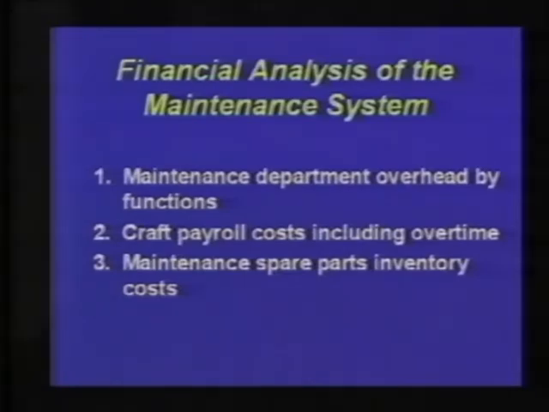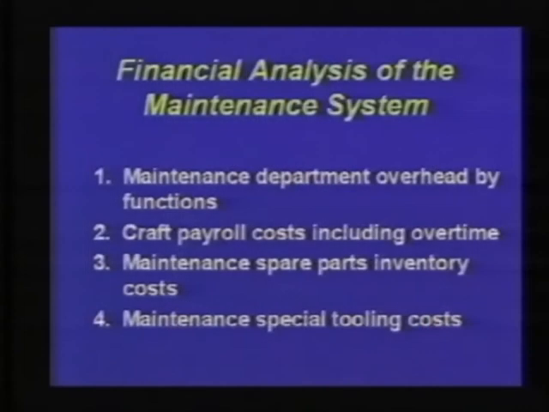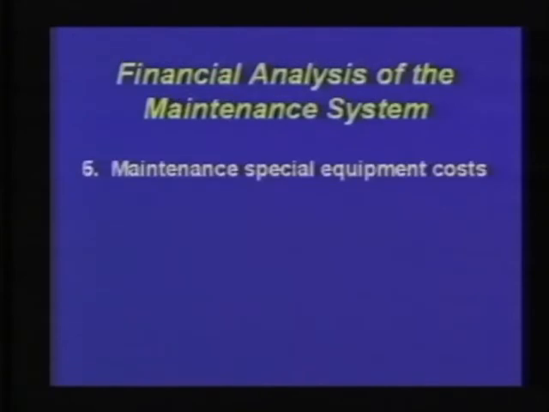Now, that could be done by total, it could be done by commodity code or family code, and it could also be done by inventory class code. We want to report the costs, if any, of the rental of special tools, which is item 4, and special equipment, which is report number 5.